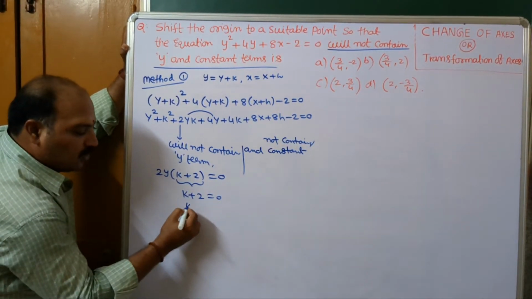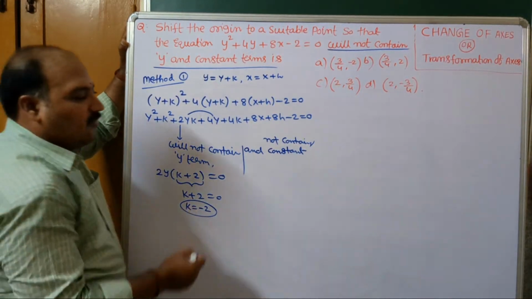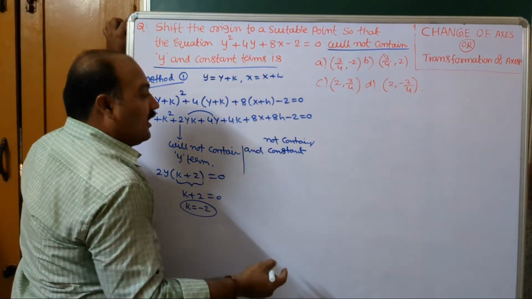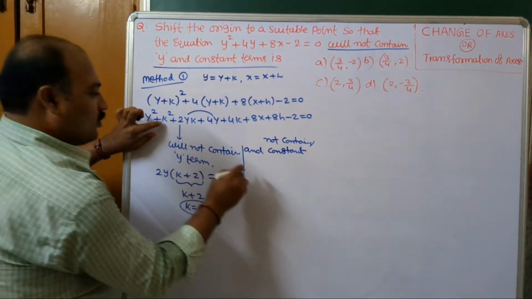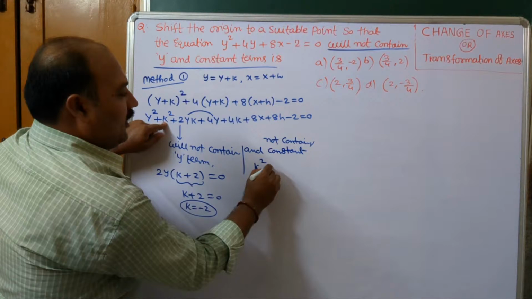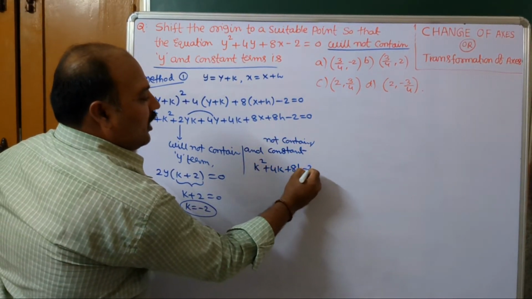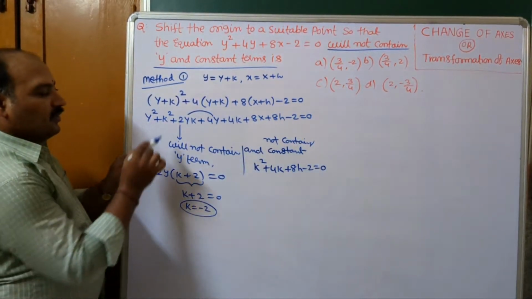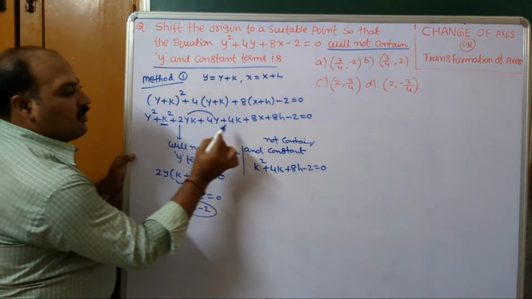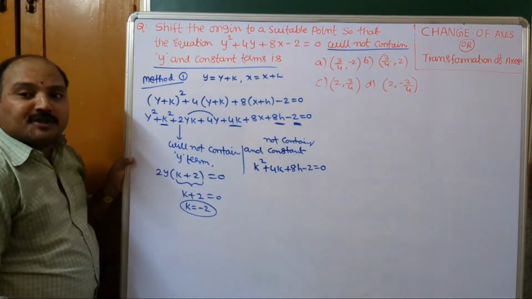So k plus 2 equal to 0 means k is equal to minus 2. Shifted origin, k value we got it. And not containing constant term: so k square, this is also constant, plus 4k, next plus 8h, minus 2 equal to 0. These underlined terms are constants.